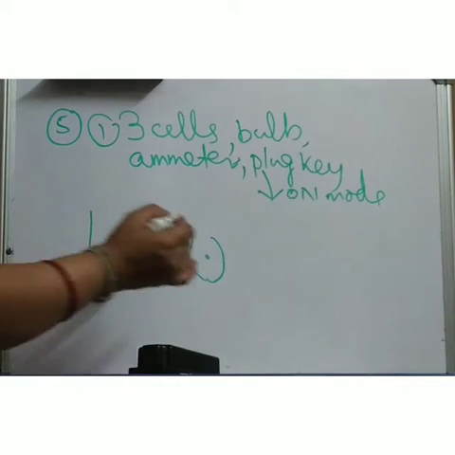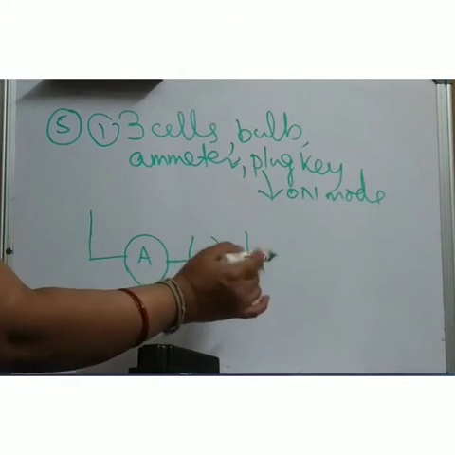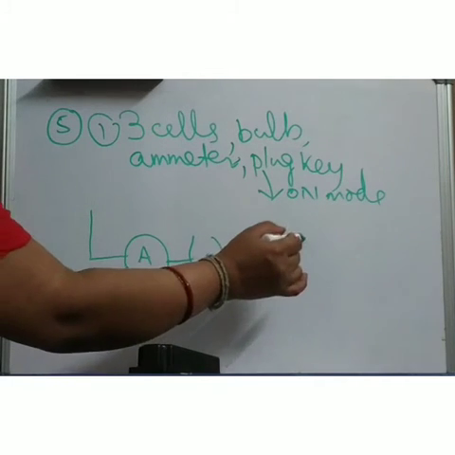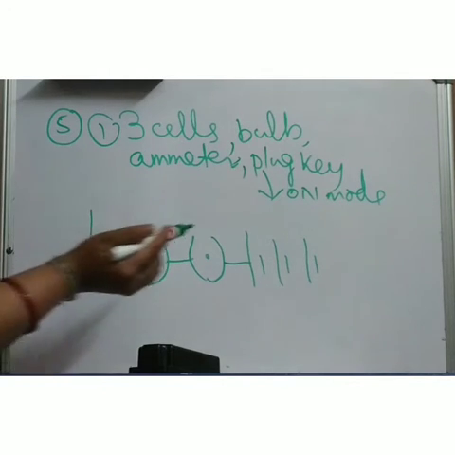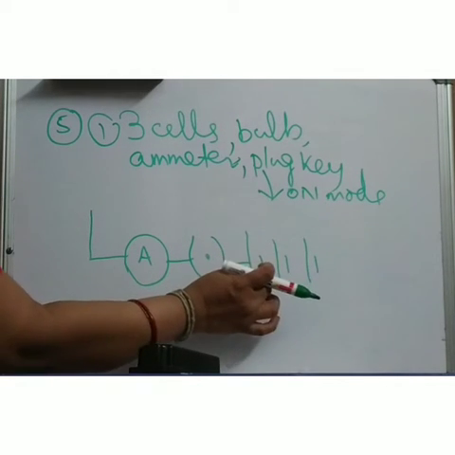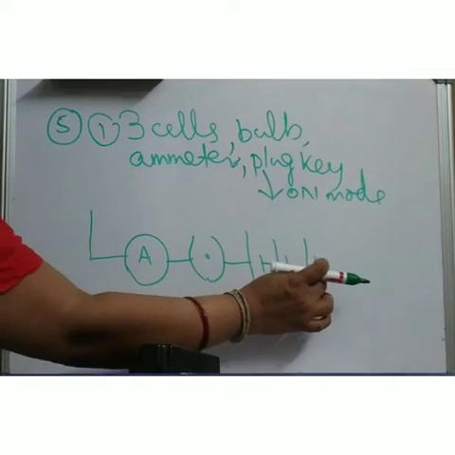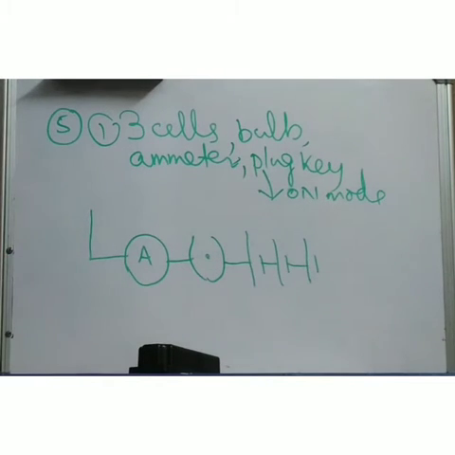Positive, negative is one cell, another positive to negative is the second cell, and another positive and negative is your third cell. So draw one line between the first and second cell, and another line between the second and third cell. Now all 3 cells are connected.